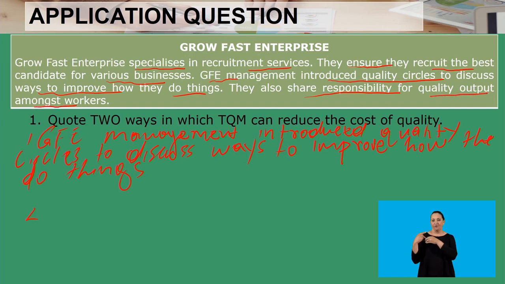That is the correct one. But then when you look into they recruit the best candidate, that one we will consider to be a distractor. It is there to confuse you, to check if you really know what they are talking about, to check if you know your ways in which TQM can reduce the cost of quality.